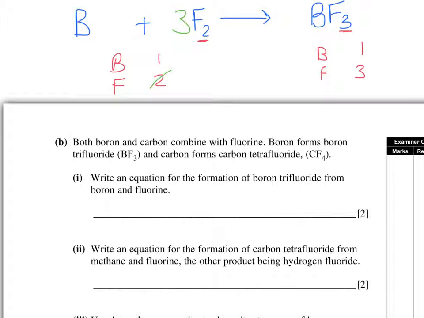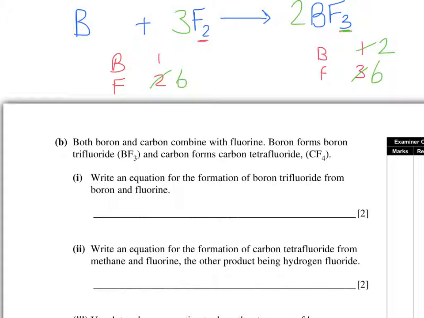That's going to give us 6 fluorines on the left hand side, and then we've already got a 3 here, and so we can put a 2 in front of there to give us a total of 6 on the right hand side. But we also need to change our number of borons, because that big 2 in front of the BF3 has changed our number of borons as well, and so we've now got 2 borons on the right hand side.